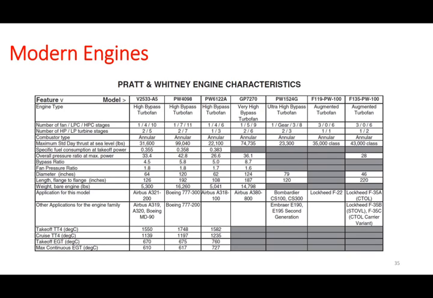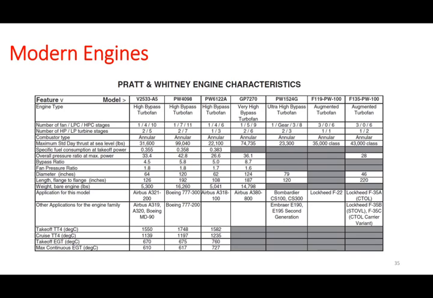For example, for each engine, let's say this is your engine, V2535-A5, for example, you get the engine type. This is a table that you always get. Let's say you want to go out and buy a jet engine.